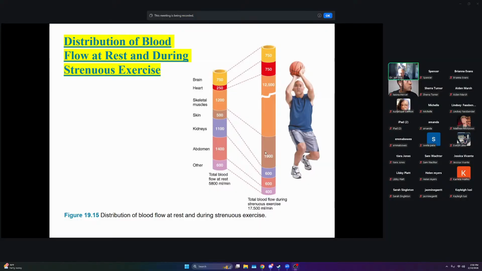Those are areas where we can take blood from. So again, just understand for the exam the general concept here of what's going on, and that certain areas will lose blood volume to redirect it to areas of priority during intense exercise. And those big areas are kind of intuitive again: heart, muscles, and skin.